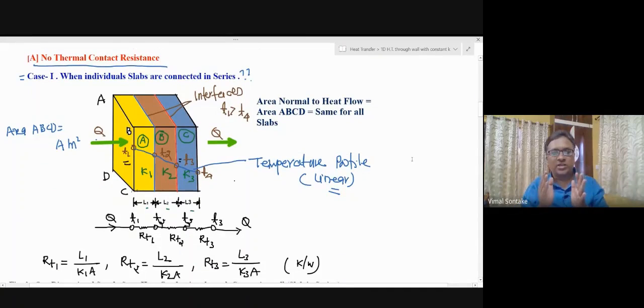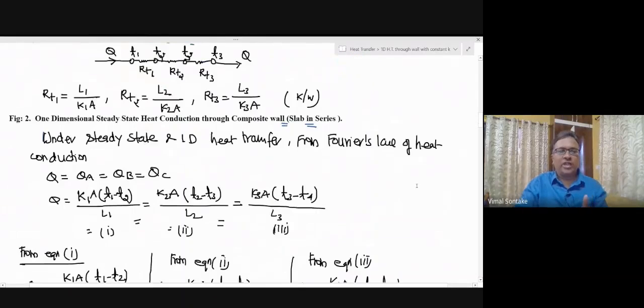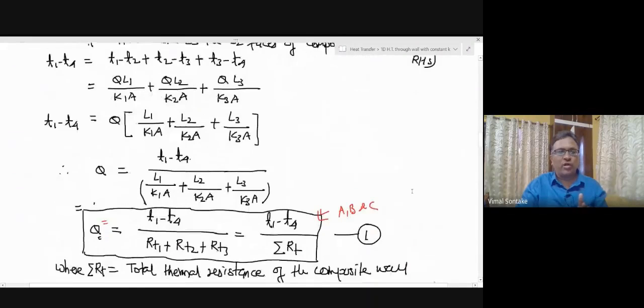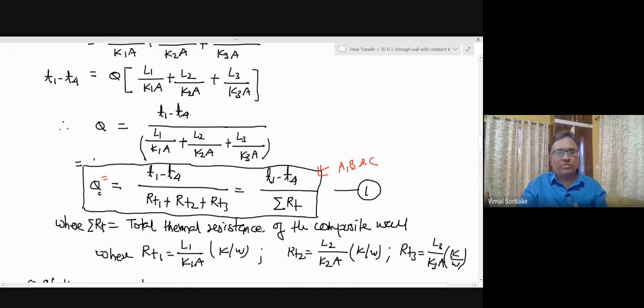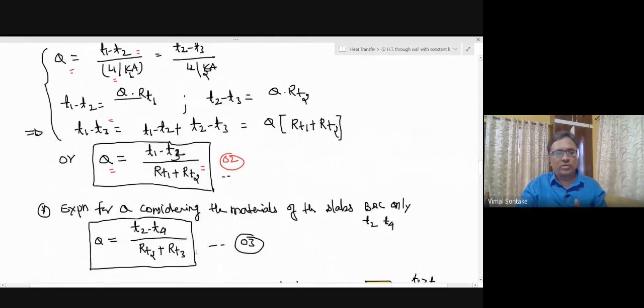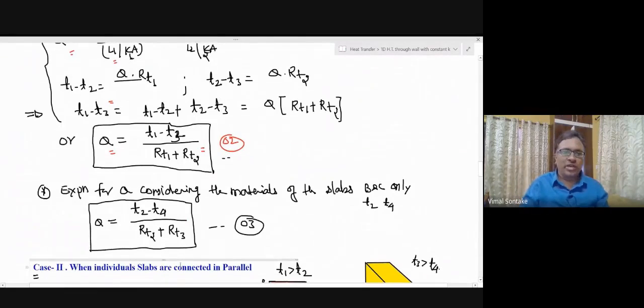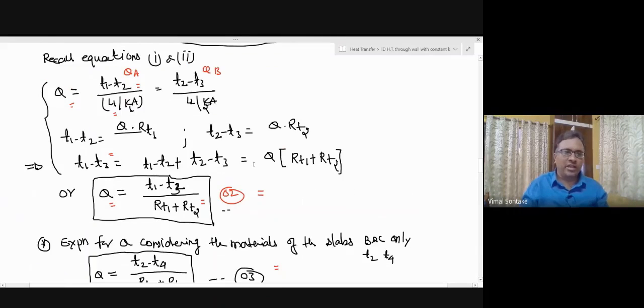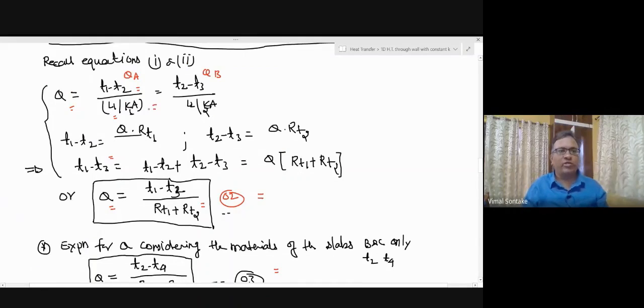The meaning of series connection is that each individual wall is made up of a single material entirely, so their thermal properties are the same. When slabs are connected in series, I can find the expression of heat conduction Q through such walls.